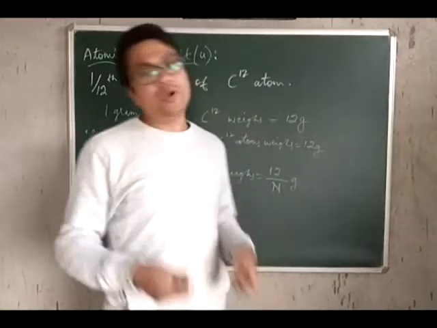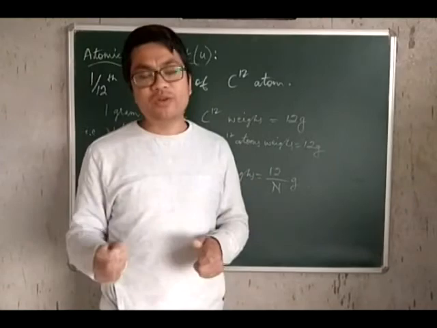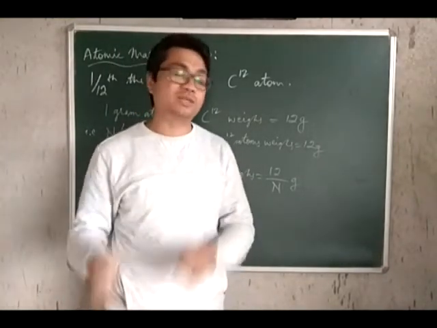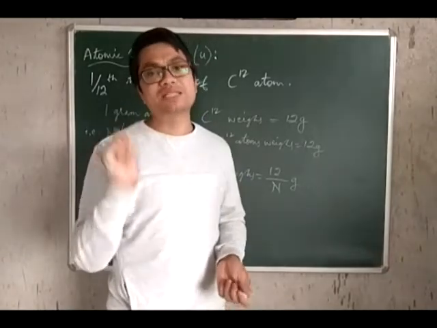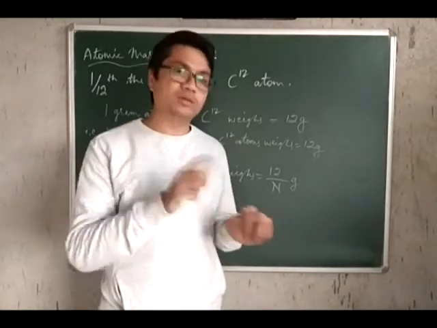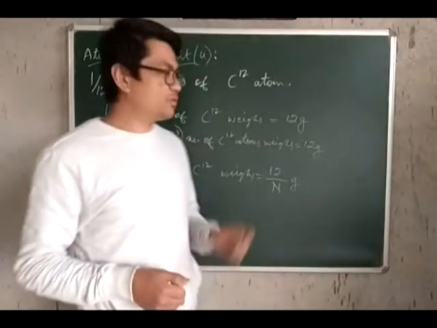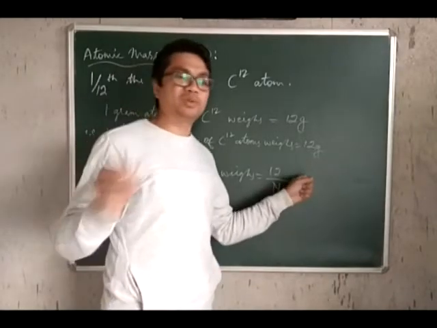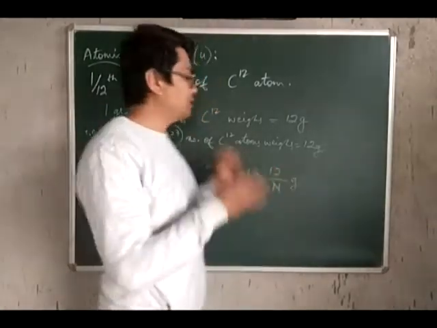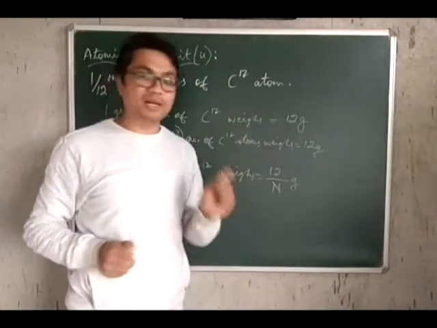So we need to define a standard unit using which we can get an idea about the mass of an atom, or that of a nucleus, or that of very tiny particles like an electron, proton, neutron. So in order to measure the masses of very small things like protons, neutrons, atoms, nuclei, electrons, we have defined a unit which is the atomic mass unit.